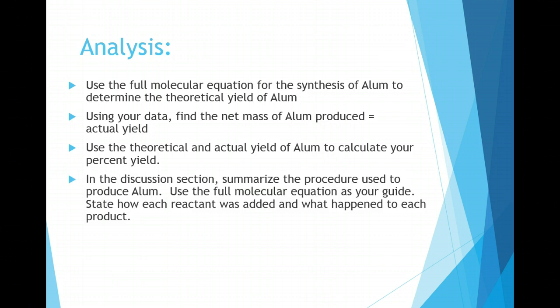And one of the things that Dr. Hansen asks for in the analysis section is that he wants you to summarize the procedure used to produce alum. And it's probably easiest if you just start with the full molecular equation as your guide and state how each reactant was added and what happened to each product. He gives an example in the lab handout on the very last page.